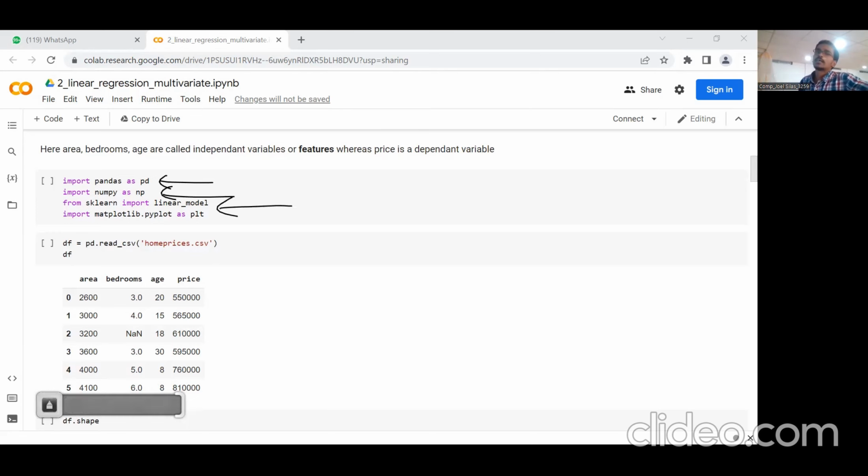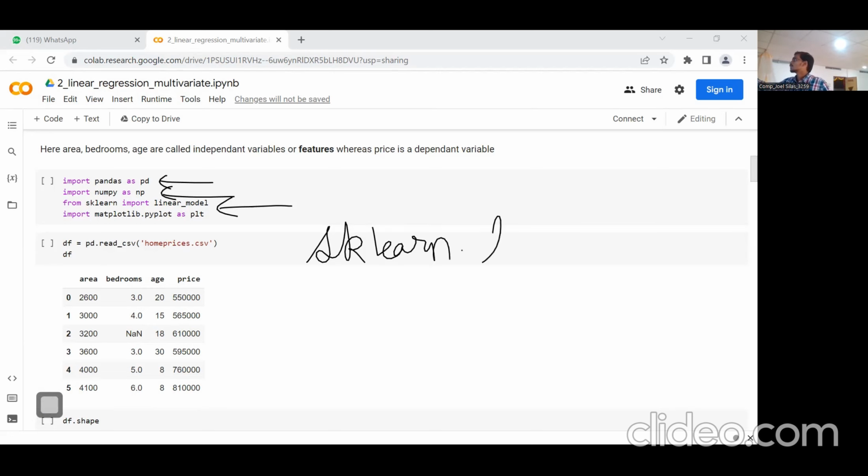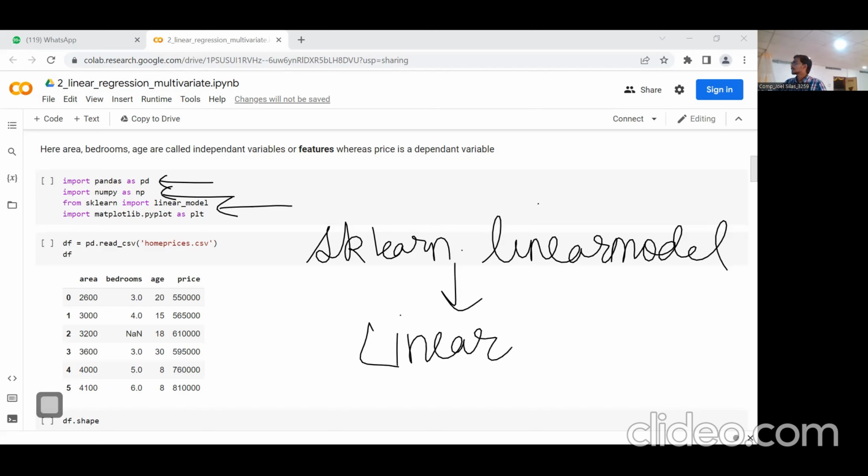We have seen in our practical execution of linear regression with one variable that from sklearn.linear_model we import the class called LinearRegression. Hence we need this particular thing.